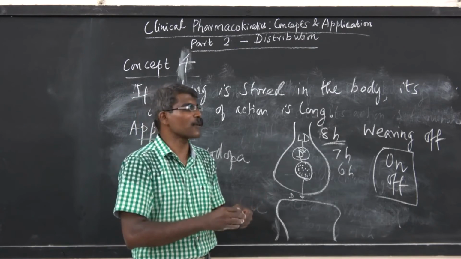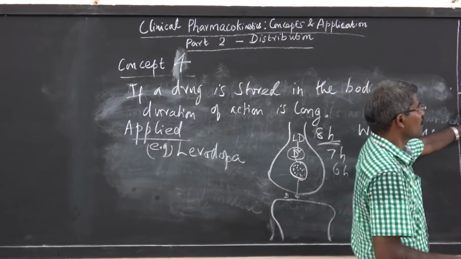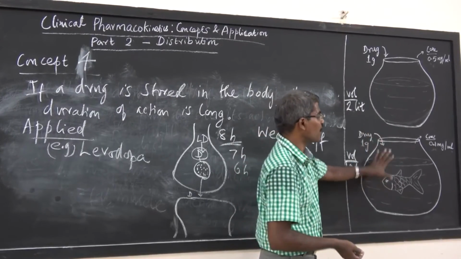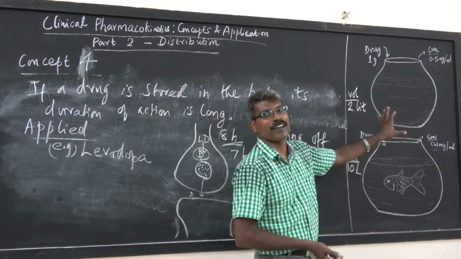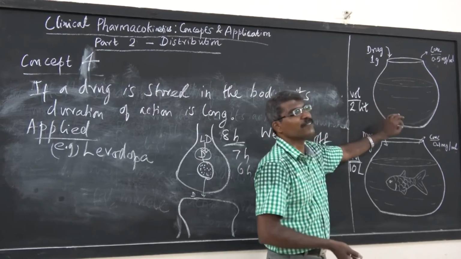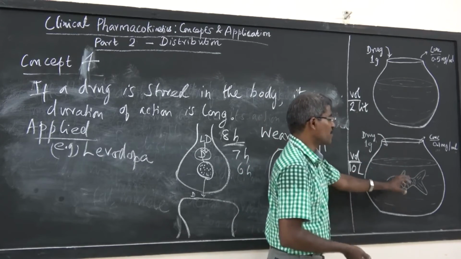The second principle which we saw is about the apparent volume of distribution. We saw why we are saying it is an apparent volume. We had a very simple analogy of a small jar in which we first just added water and tried to find out the volume, and then a jar in which we had fish.